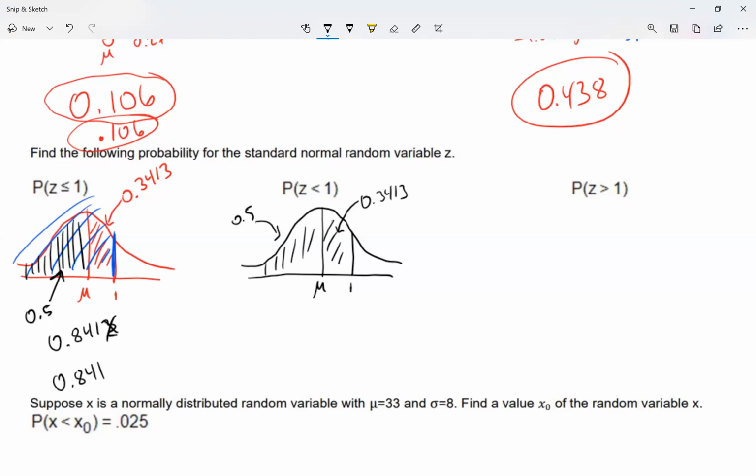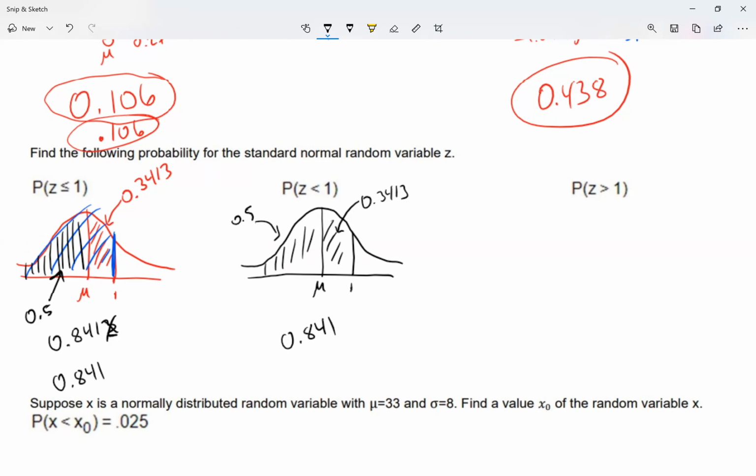The previous question had less than or equal to, and this one has less than, not the equal to. Well, guess what? My answer is the same thing. It doesn't matter which inequality you get, less than or less than or equal to. You get the same probability, 0.841.